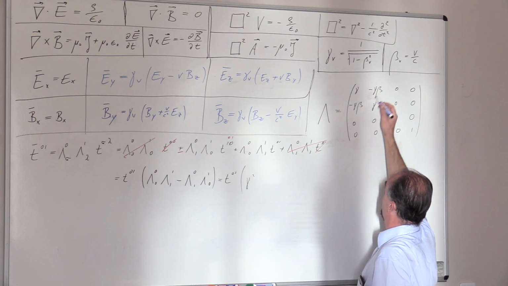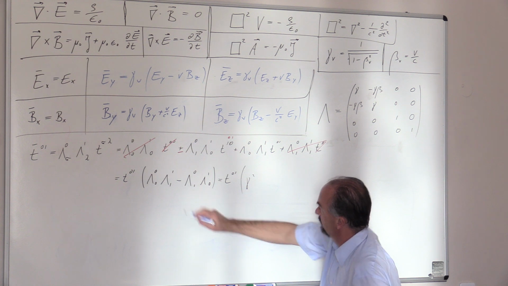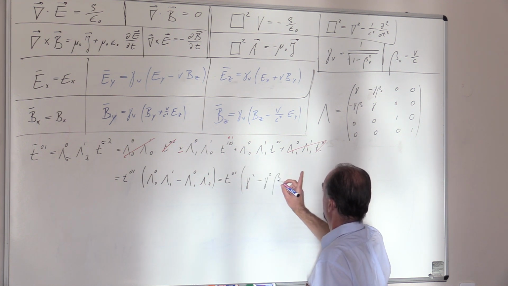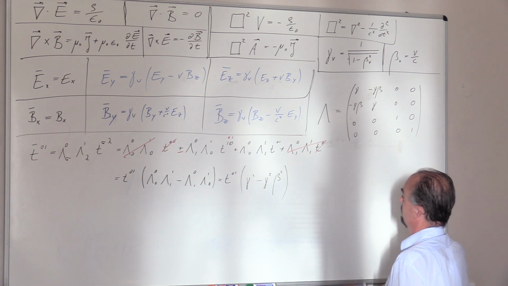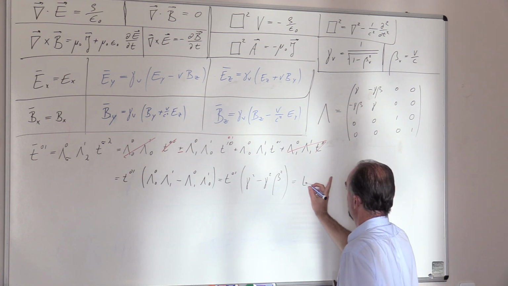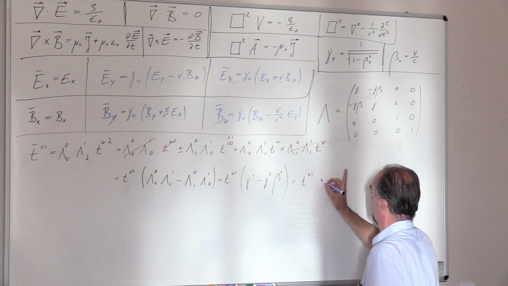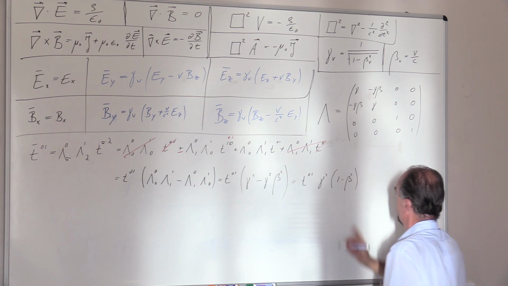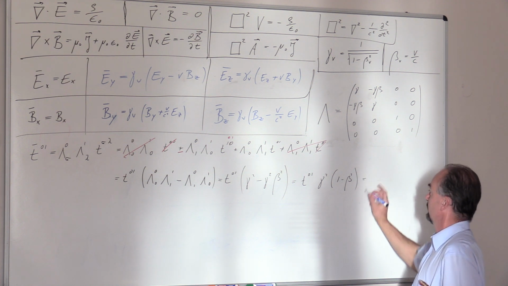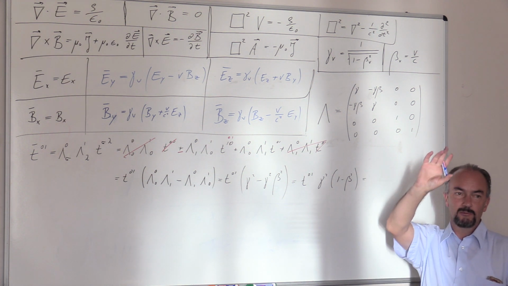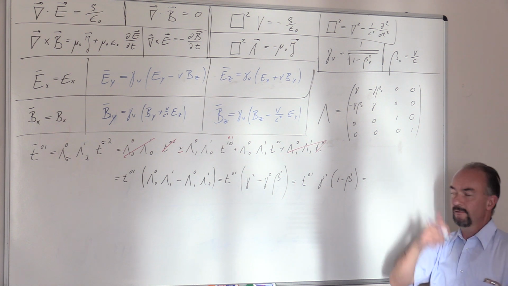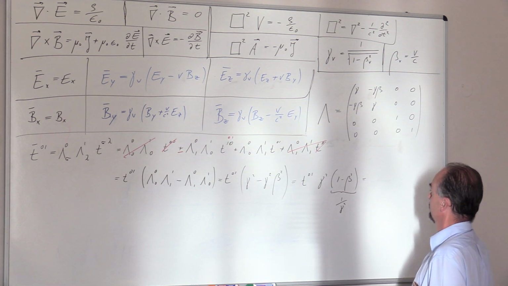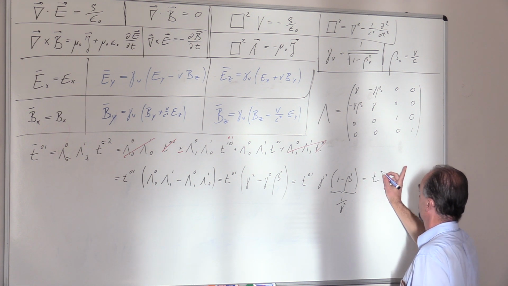So both is minus, minus is plus, but there's a minus here. Gives us gamma squared, beta squared, right? So that is T0, 1, gamma squared, 1 minus beta squared, and 1 minus beta squared is 1 over gamma squared. So this is just T01.